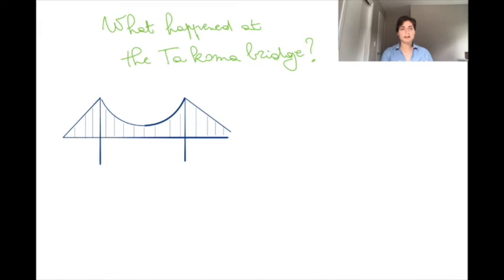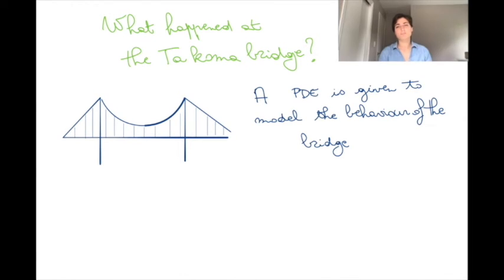So now with this background, let's look at what happened at the Tacoma Bridge. This is an amazing drawing, I did it myself, of a bridge. So we can imagine that we have this bridge with a lot of different pieces, because we have the supports, the beams, all of this connected together. And we can imagine that we have an extremely complicated PDE that models the behavior of the bridge.